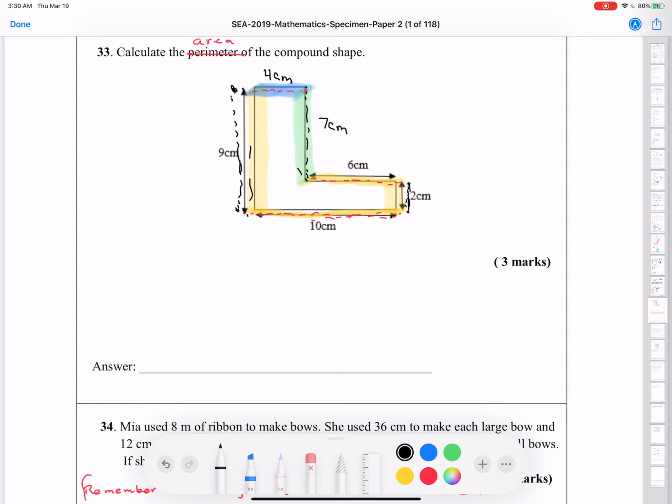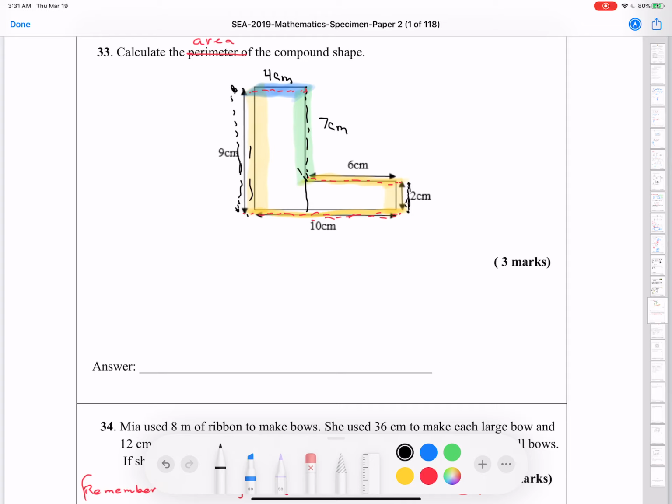So you can either split it this way, or you can split it the other way. All in all, you need to know the length of the dimensions, the length and breadth, to find the area.